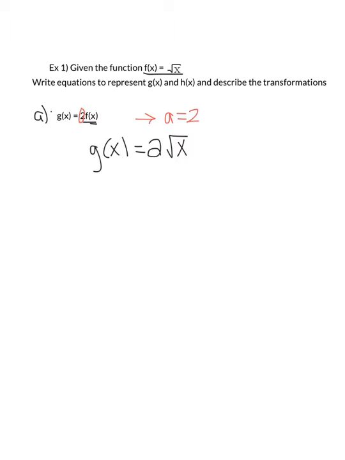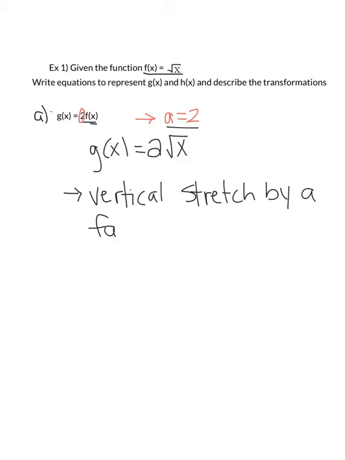Now I need to be talking about the transformations that are taking place here. Since I know that my a is 2, I know that there is a vertical stretch or compression going on. Since it's bigger than 1, I know that this is a vertical stretch by a factor of 2.